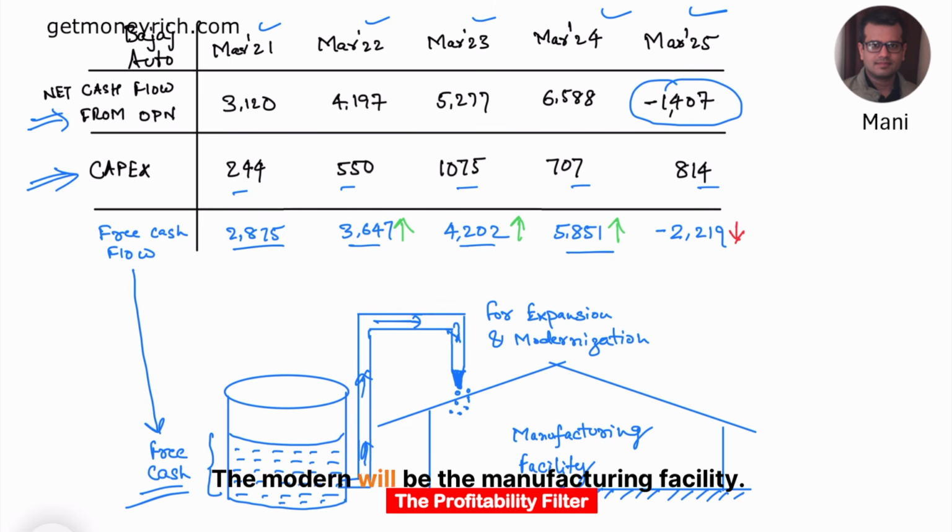The more modern and bigger the manufacturing facility, the more products and higher quality products it can produce. And what is the result? The result will be high revenues, more profits, and in turn it will take our stock from 1x to 3x to 4x to 10x in times to come.